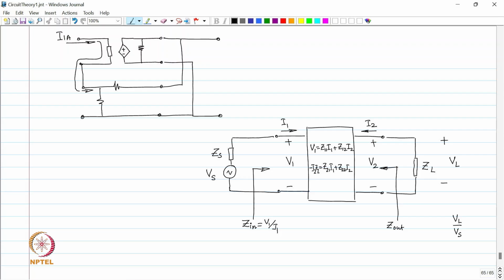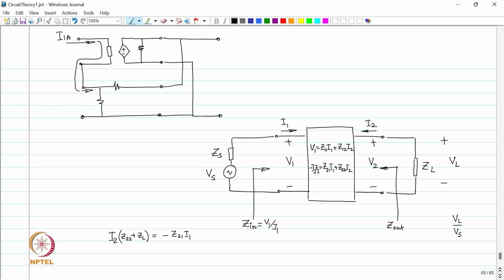Okay. So, V2 is gone from the system. So, I have V1 is equal to Z11 I1 plus Z12 I2, but I2 times Z22 plus ZL is equal to minus Z21 I1.